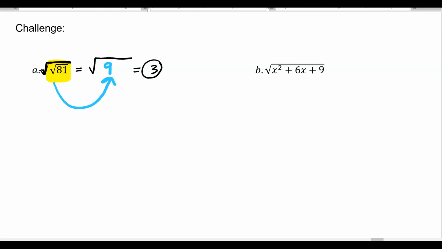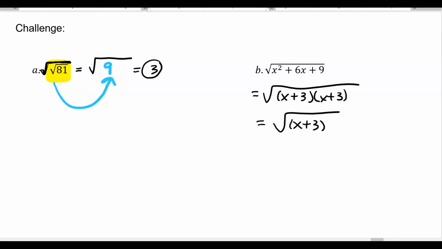All right, next you have the square root of x squared plus 6x plus 9. Well, if you have factored that, you would have realized that you have x plus 3 times x plus 3, which is x plus 3 squared, right? And there's a rule, and you're going to learn about that a little later, where if these numbers here are the same, then they are inverses of each other.